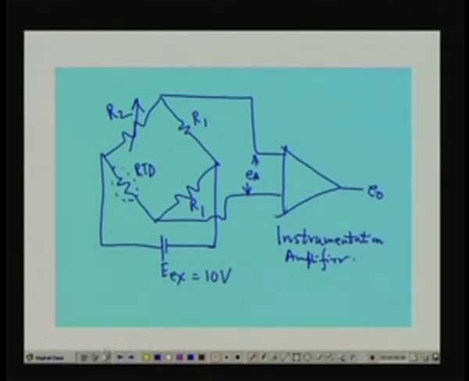Let us take a blank page again. So, you see now the resistance of our RTD will look like this. R_T0 is the resistance of the RTD at 25 degree centigrade.